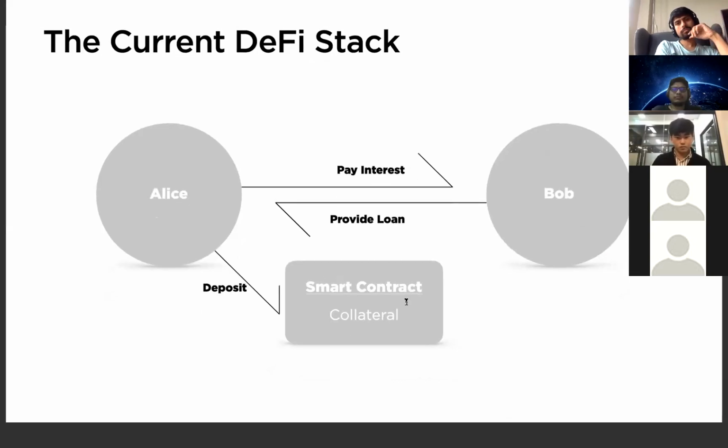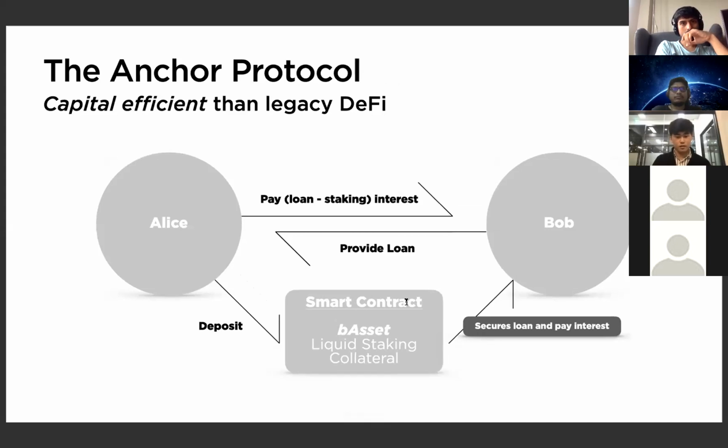So we thought this was a problem for mass adoption in DeFi to happen. Our difference was to introduce the concept of liquid staking into money markets. So instead of just receiving any tokens as collateral, we receive what we call B assets, a liquid staking token or staking derivatives.